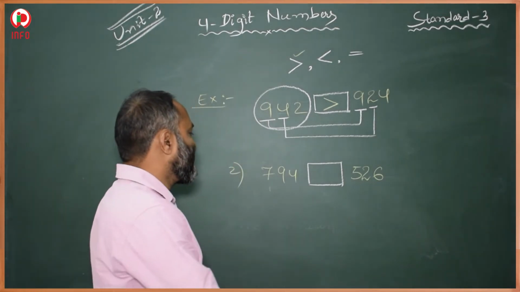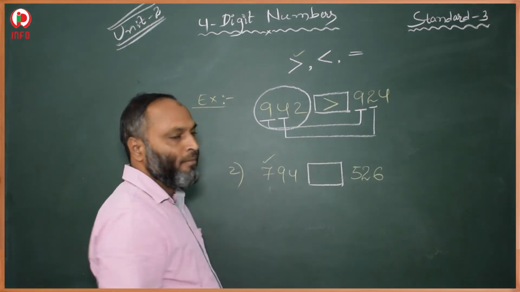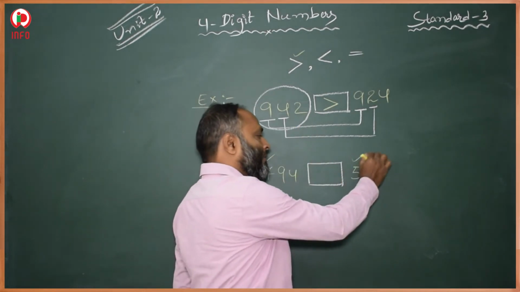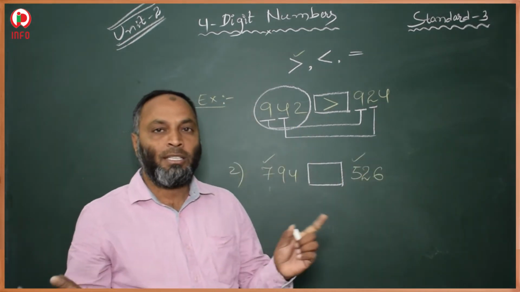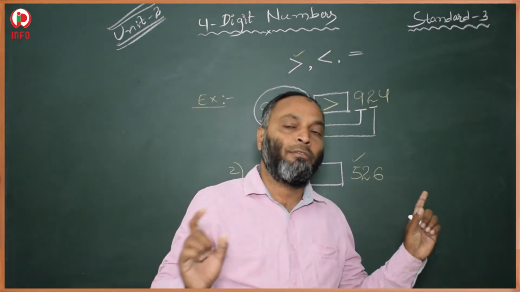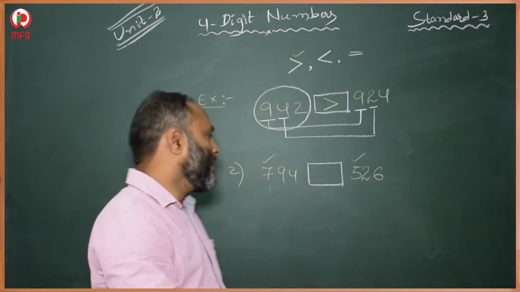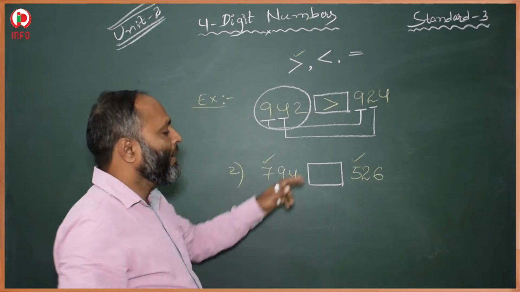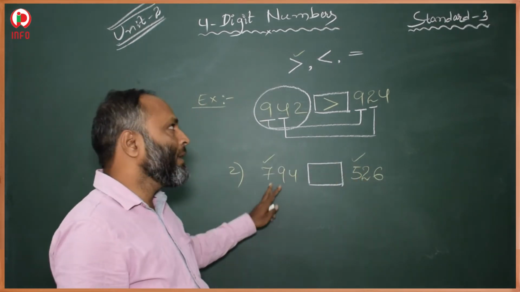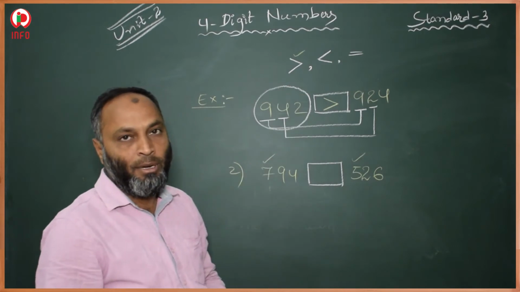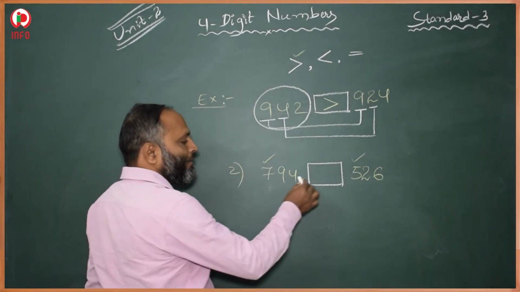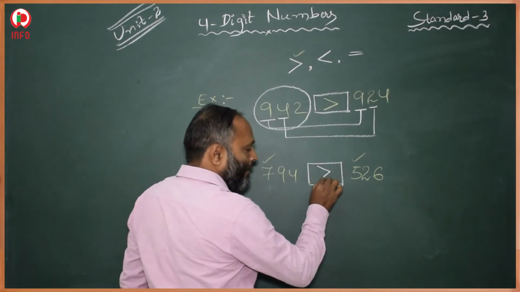Here the hundreds place is 7. Here the hundreds place is 5. In the hundreds place we have 7 and 5. 7 is the greater value. So this number is bigger than this number. If bigger, we have to use the greater than symbol. Then 794 is greater than 526.